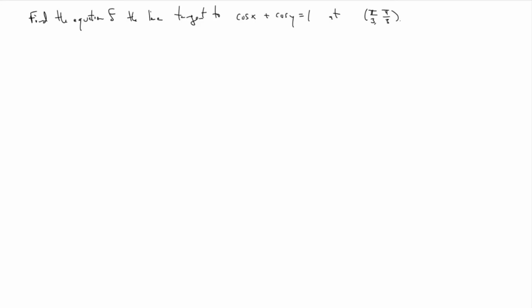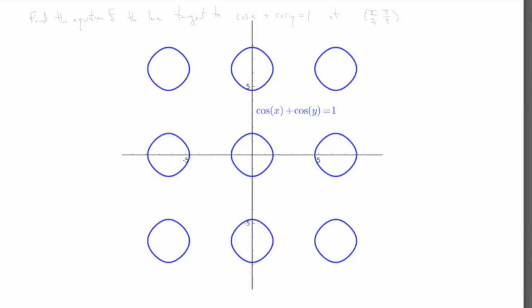And if you take a moment to try to picture in your mind what the graph of cosine x plus cosine y equals 1 looks like, then I'm sure you all imagined something like this. Yes, this is what the graph looks like, and it's even crazier than it seems at first. It goes on in every direction like this, up, down, left, and right.